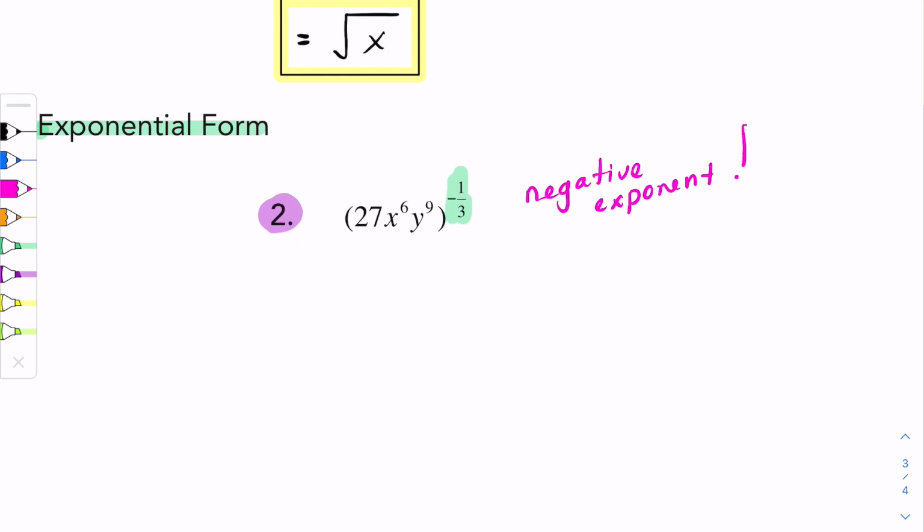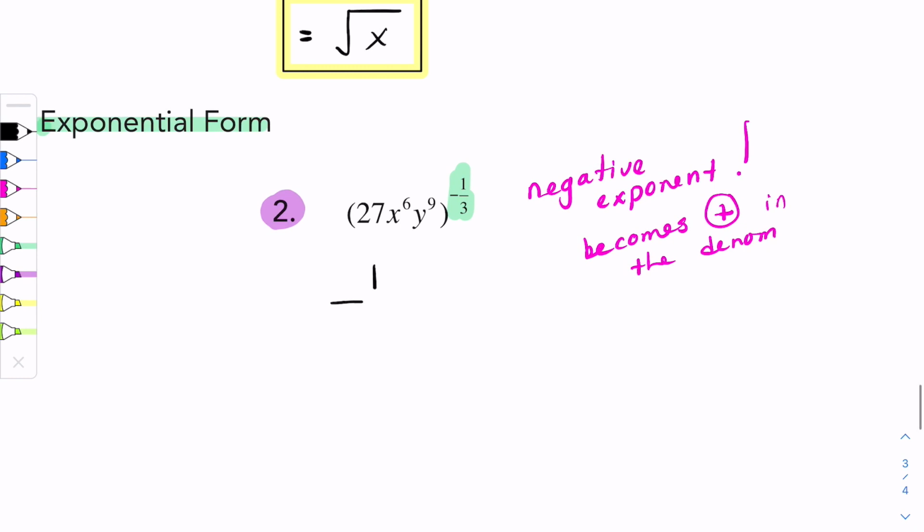So negative exponents become positive in the denominator. That means I can rewrite this expression as 1 over, in parentheses, 27 times x to the 6th times y to the 9th raised to the power of 1/3. That would be positive 1/3.